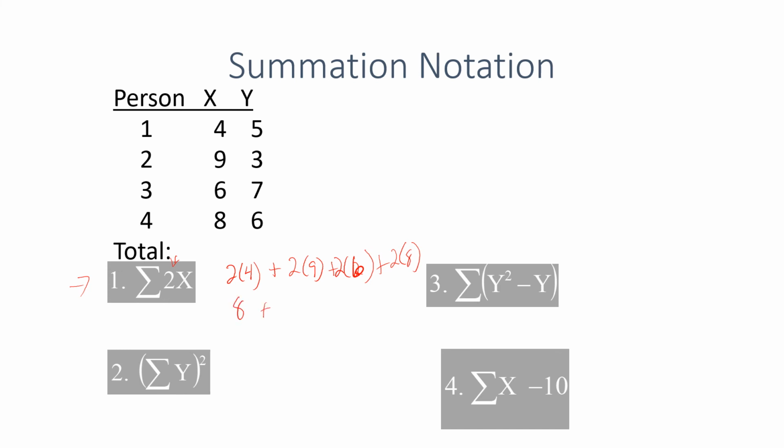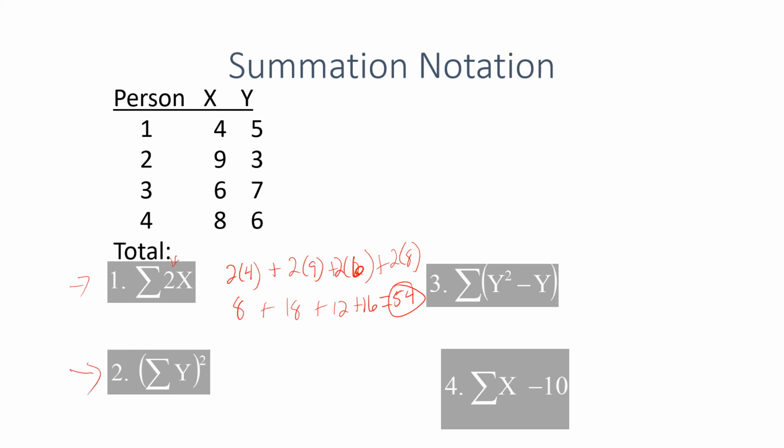What do we get? 8 plus 18 plus 12 plus 16. And we get a final answer of 54. So again, remember, do the multiplication first and then the addition.